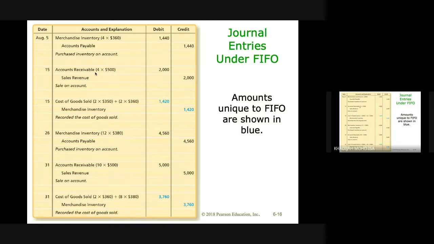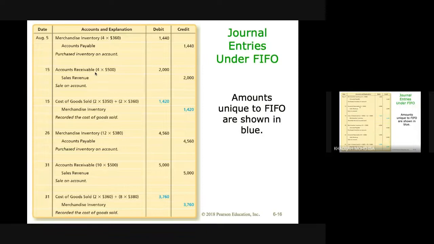So when you want to recognize how much your sales for the item, in this case, we assume that you sell 4 units at $500 each. $500 is not the cost. $500 is the selling price. So that's why we are going to receive that from your accounts receivable, your customer. You debit your accounts receivable and credit your sales revenue. So sales is always on the credit side because that increases your owners' equity, right? In this case, again, the sale is on account.